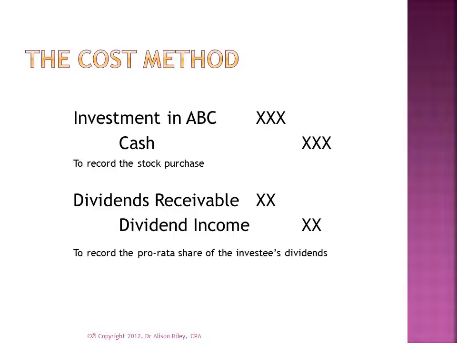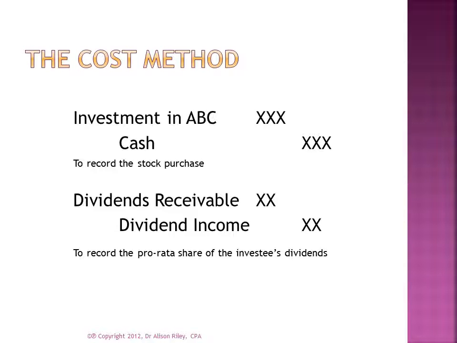This slide illustrates the application of the cost method. The first journal entry shows the purchase of common stock by the investor and is recorded at cost. When the investee declares a dividend, the investor will receive its pro rata share of the dividend payment based on the percentage of the investee's stock that the investor owns.